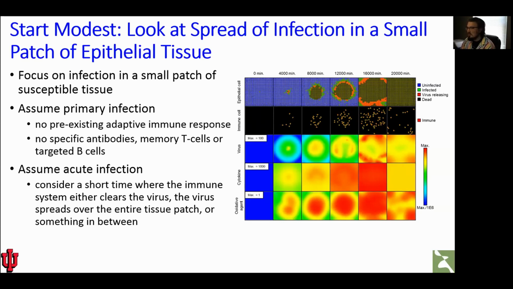And then we assumed acute infection. So we're simulating a relatively short amount of time and looking specifically for outcomes where either the immune system clears the virus or widespread infection occurs throughout the entire tissue, or something in between.